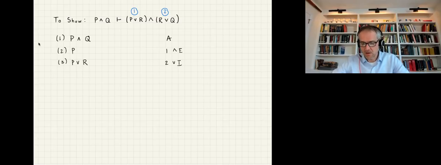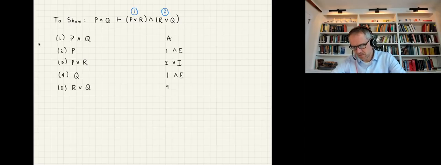Now I want to get R or Q. Looking back again at my premise, P and Q, if I get Q, then I have R or Q using disjunction introduction. So now I'll extract the Q from the first premise and then do disjunction introduction on the left on number 4.